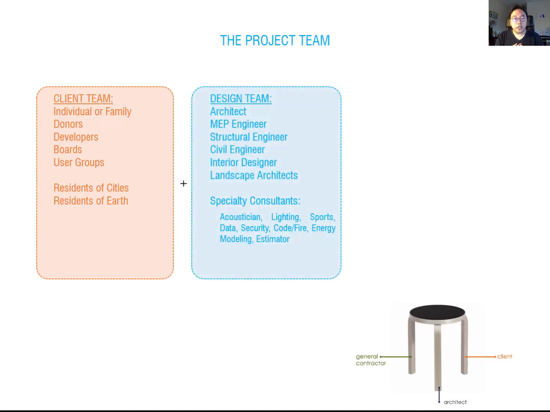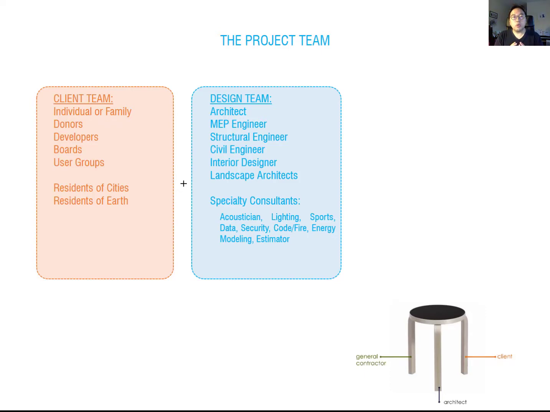We are the design team, right? We are architects, but we mostly work with engineers: the MEP engineer, meaning mechanical, electrical, and plumbing, the structural engineer, the civil engineer, and interior and landscape designers.